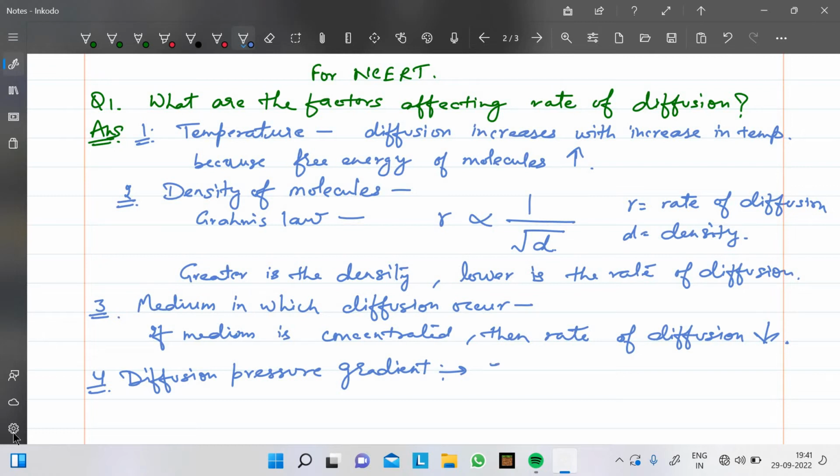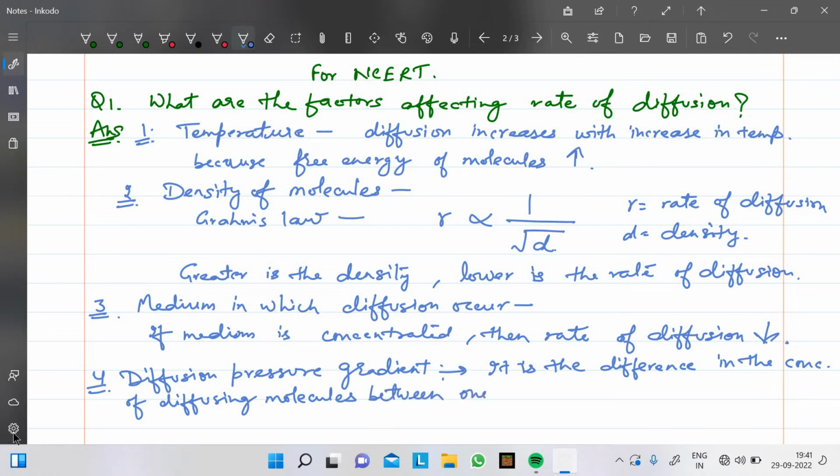It is the difference in the concentration of diffusing molecules between one area and another over a specific distance.